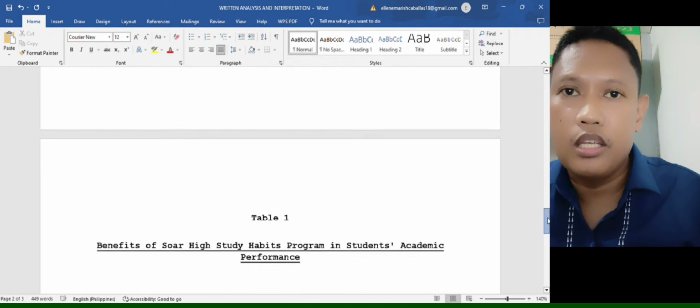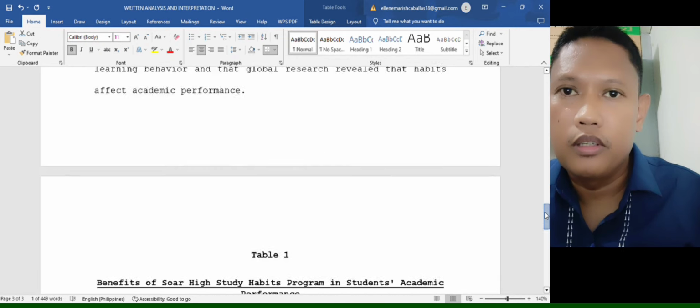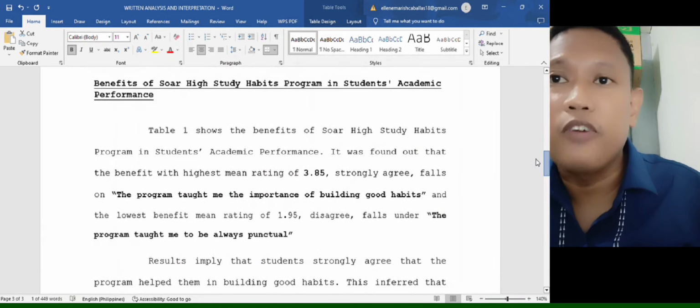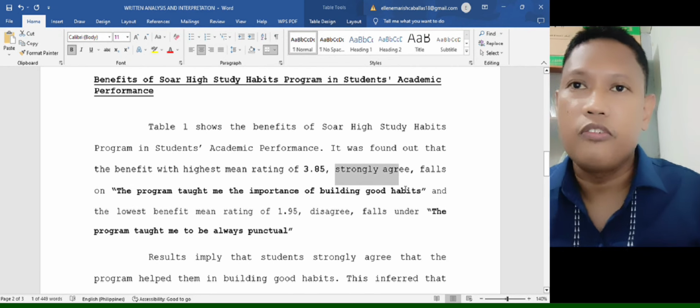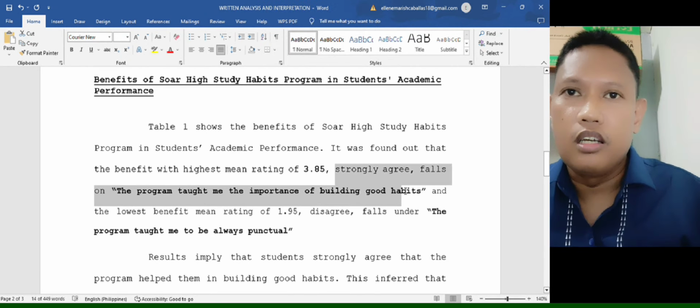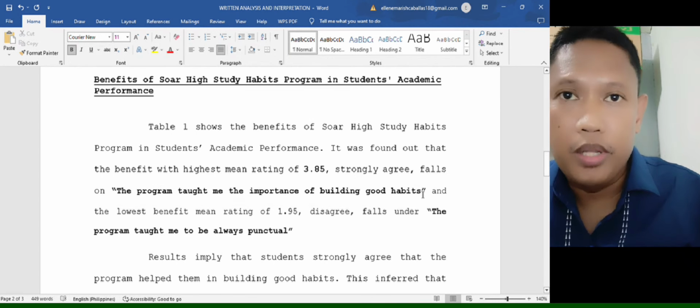or this one is the highest. One moment. 3.85 is the highest. Okay. Yeah, 3.85 is the highest. Strongly agree, which falls on the program taught me the importance of building good habits.